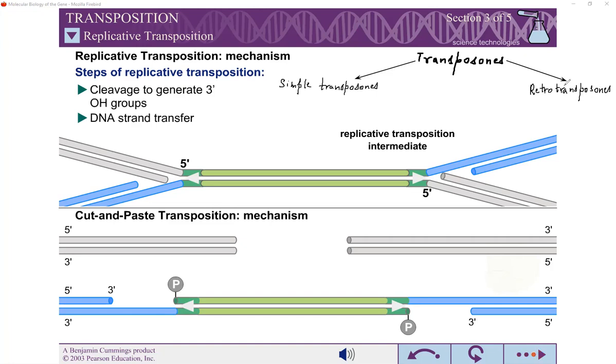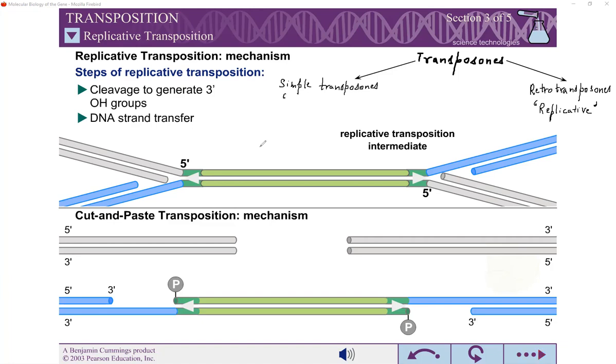One thing that the students began to think is that retrotransposons are always replicative in nature. They will always form new copies. They are always replicative in nature, whereas simple transposons are always conservative.